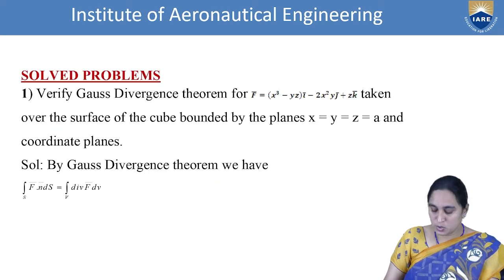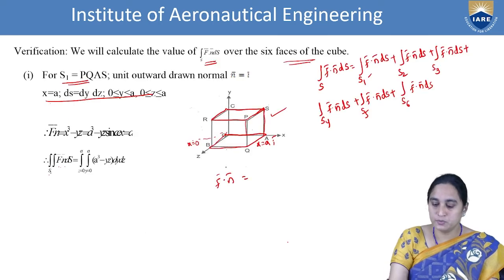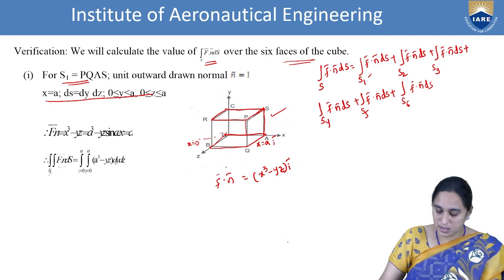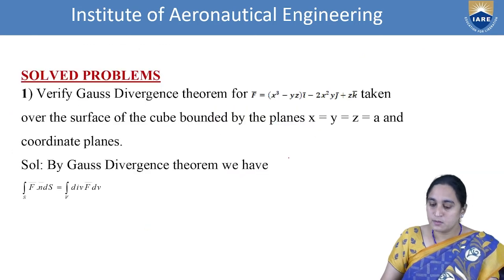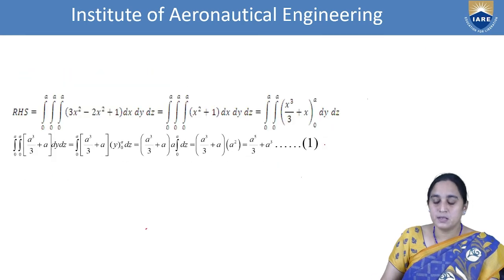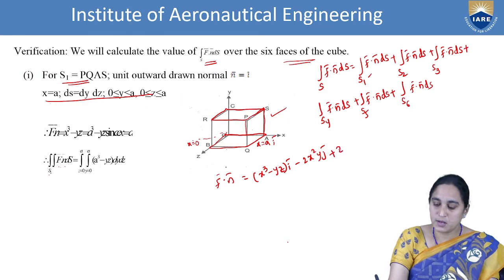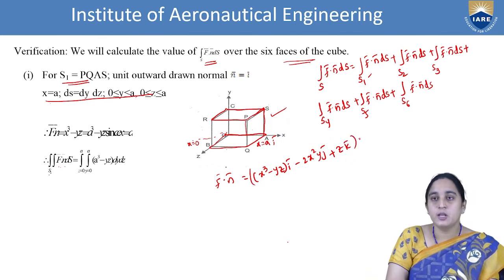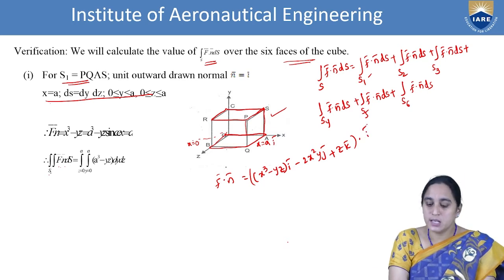That is (x cube minus yz) i bar minus 2x square y j bar plus z k bar. This is the f bar vector and n bar is the unit normal vector, that is i bar.